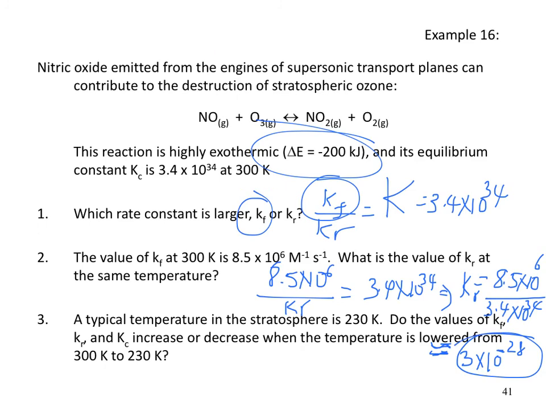A typical temperature in the stratosphere is 230. Do the values of Kf, Kr, and Kc increase or decrease when the temperature is lowered from 300 to 230?